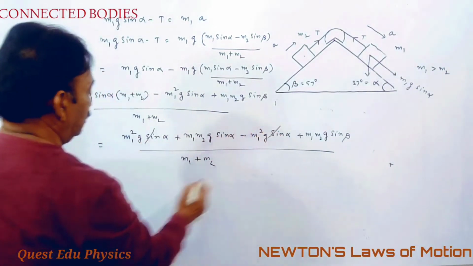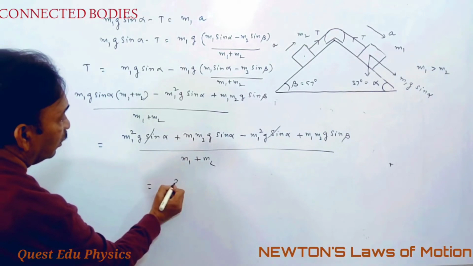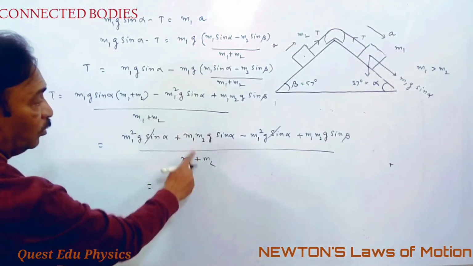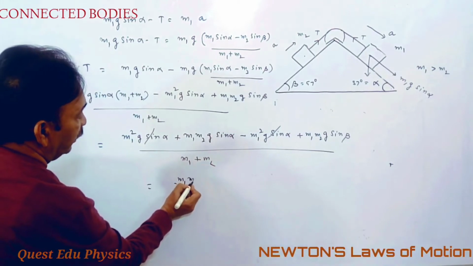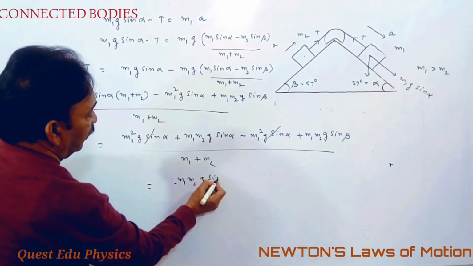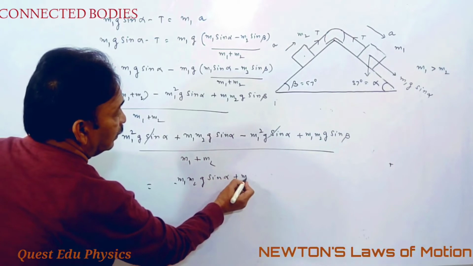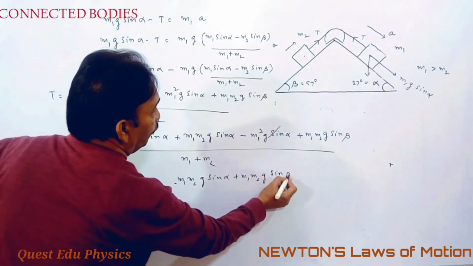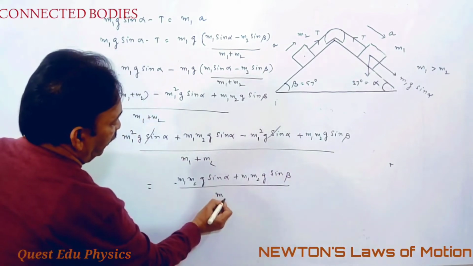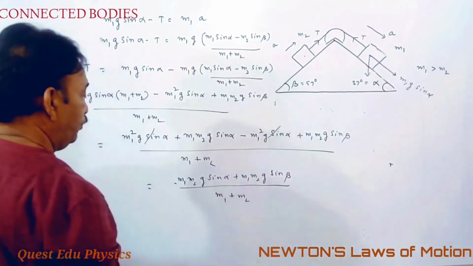These factors get cancelled, and what you get now is m1 m2 g sine alpha plus m1 m2 g sine beta by m1 plus m2.